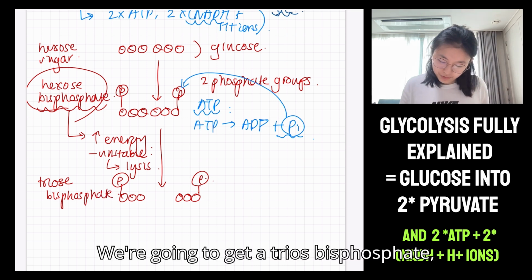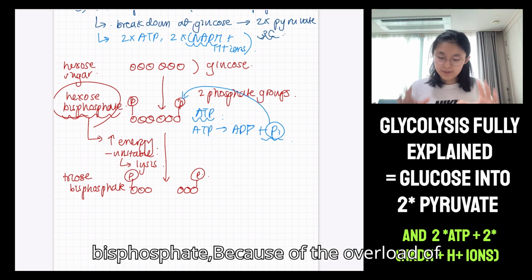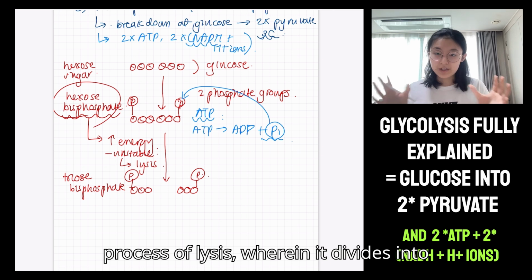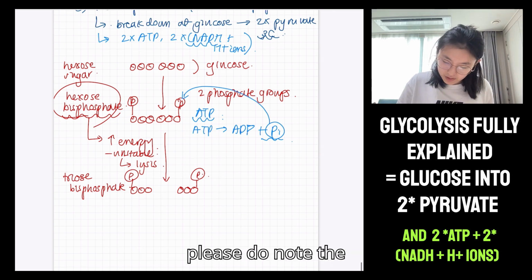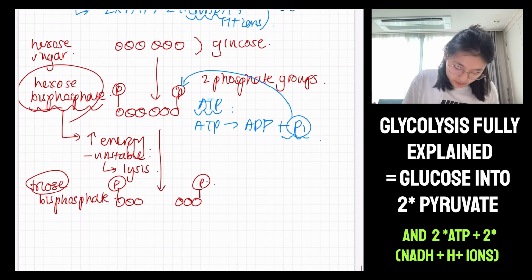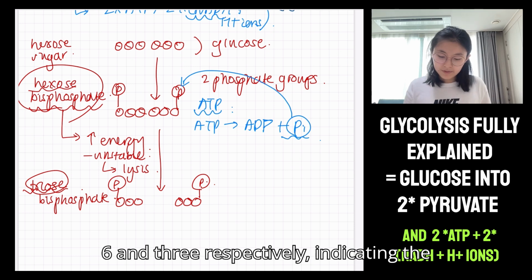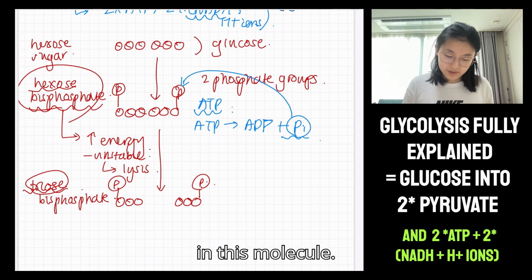From this hexose bisphosphate, because of the overload of energy, it's going to undergo lysis, wherein it divides into 2 triose bisphosphate molecules. And please do note the words hexose and triose, indicating 6 and 3 respectively, the number of carbon atoms involved in this molecule.